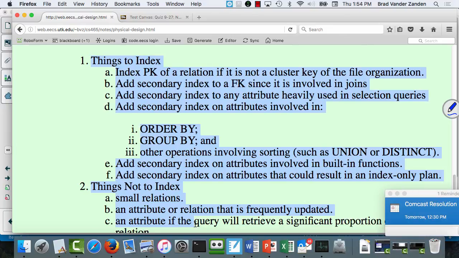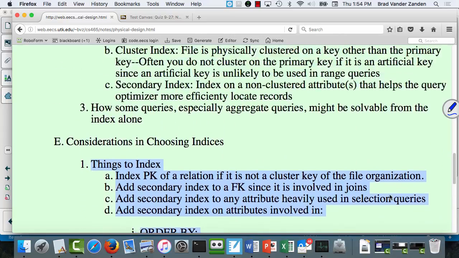Oftentimes you just program it up and see if it works. If it does, great, and if it doesn't, you change it. That's kind of how a database works. You use these rules of thumb. If it works, great. If certain things aren't working, take a look at it and fix it. Okay? So that's it for today.